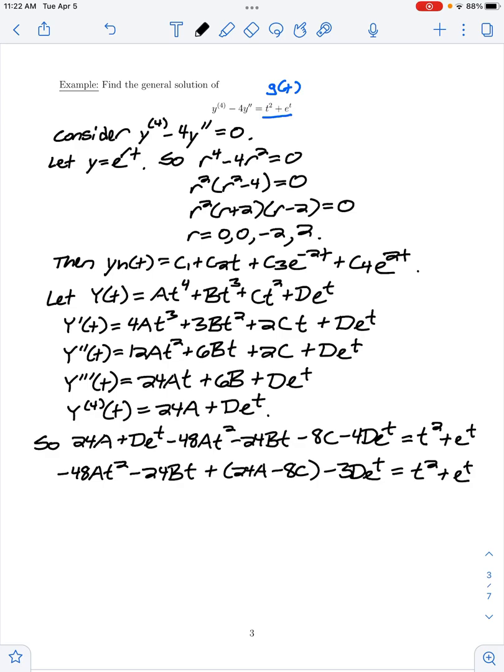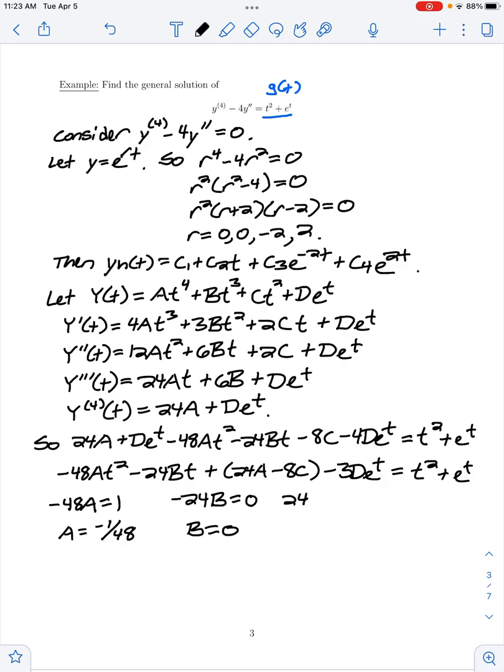So when we equate these coefficients, starting with the t squared terms, we have negative 48a has to be 1. So a is negative 1 over 48. Negative 24b has to be 0. So therefore b is 0.